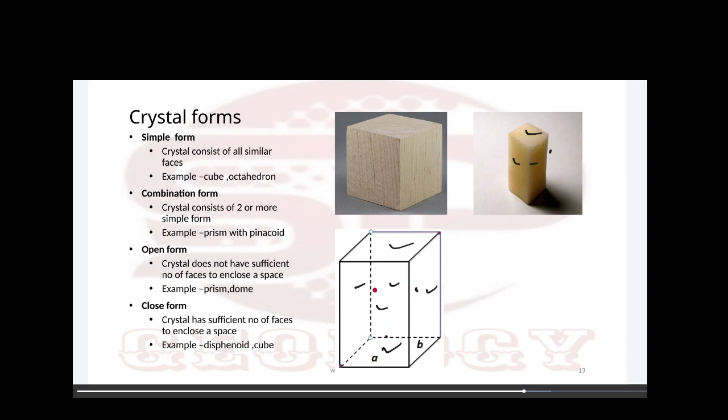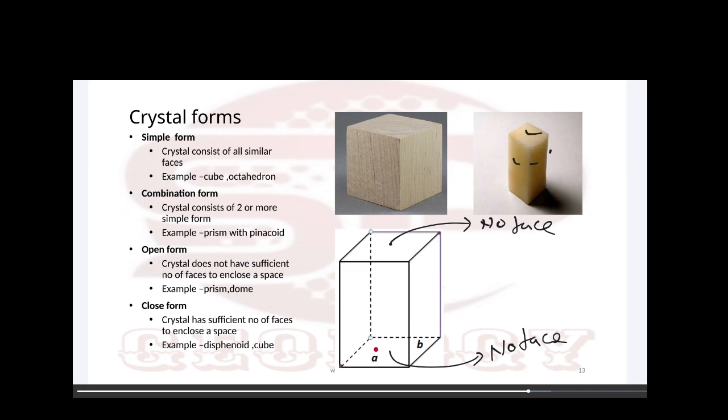So the four vertical faces are one form, and these two are another form. If you only consider these four vertical faces, they will not enclose the space. This will remain open. There is no face here.